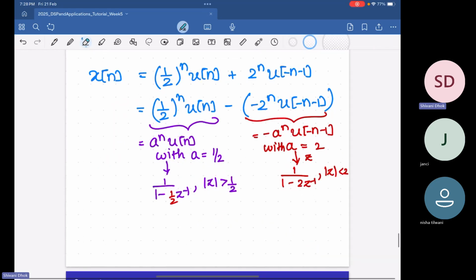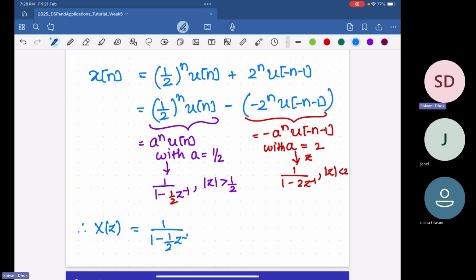Okay, so now we can use the linearity property. So therefore x of z is 1 upon 1 minus 1 by 2z inverse minus 1 upon 1 minus 2z inverse with ROC as magnitude of z greater than half intersection magnitude of z less than 2.